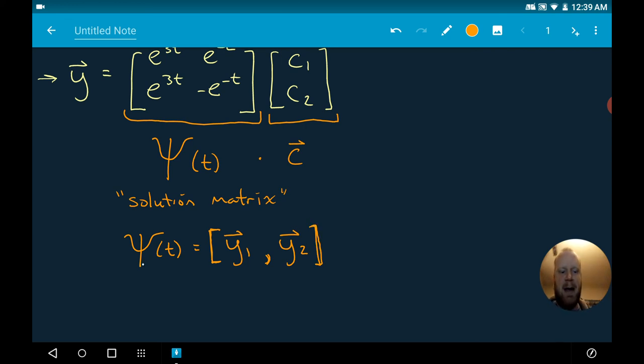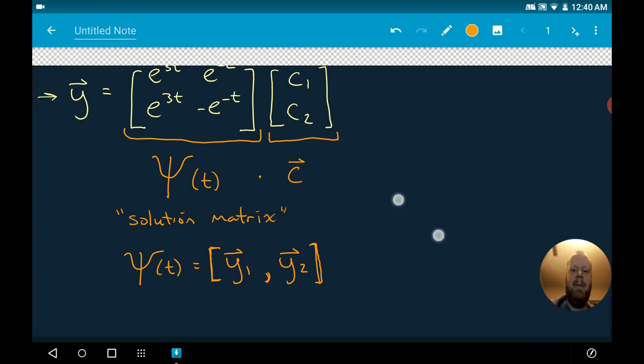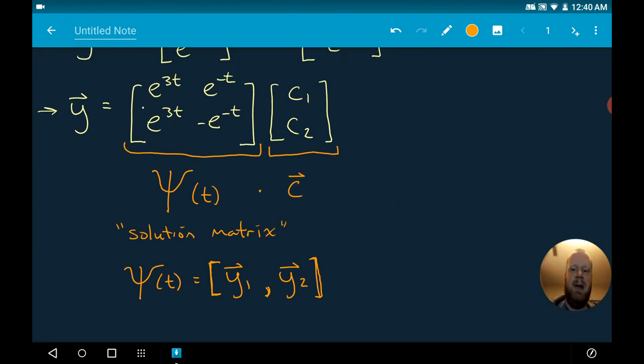This is a vector of vectors. When we make this matrix, you can see that the first column is e to the 3t times (1, 1). That's our first solution. And the second column represents e to the negative t times the eigenvector (1, negative 1).